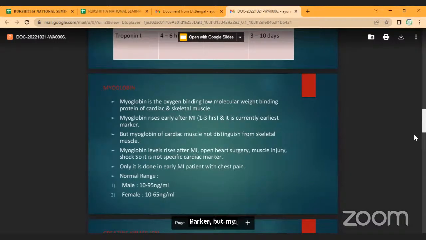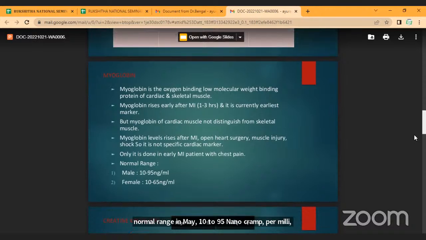Levels rise after MI, open heart surgery, muscle injury, and shock, so it is not a specific cardiac marker. It is done only in early MI patients with chest pain. Its normal range is 10 to 95 nanogram per milliliter in males and 10 to 65 nanogram per ml in females.